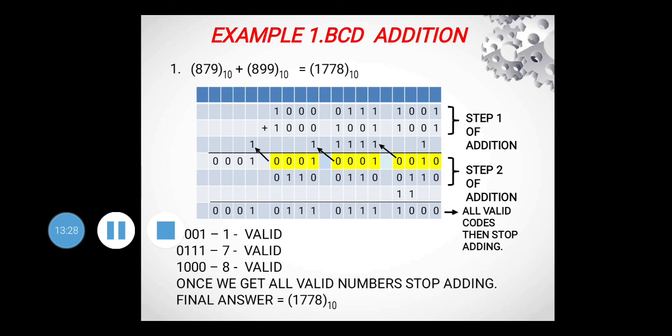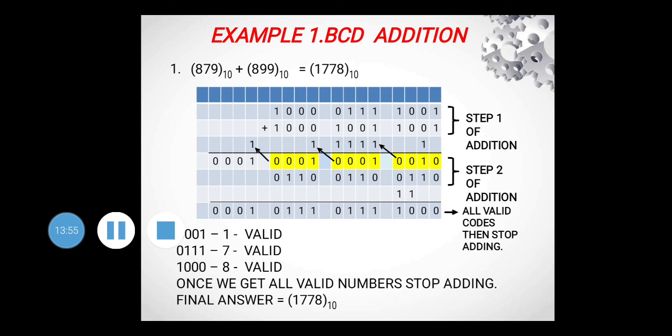And here the extra carry is generated, that is also written there as 1, and since it is a single bit, but BCD addition is a representation of 4 bits, therefore 3 zeros are added at the end in step 2. After the 3 yellow colors, that 1 is there down and 3 zeros I have added. So always it should be of 4 bits.